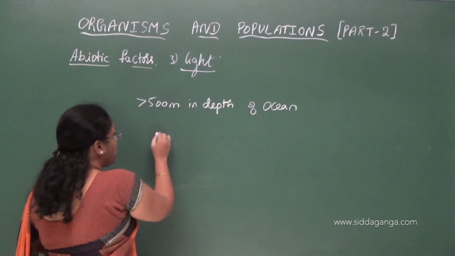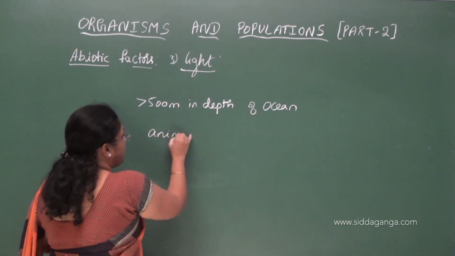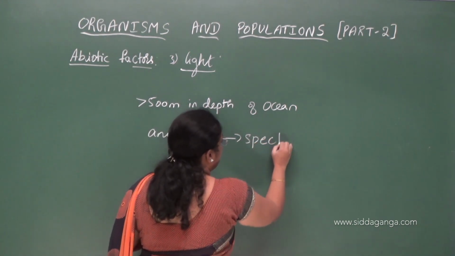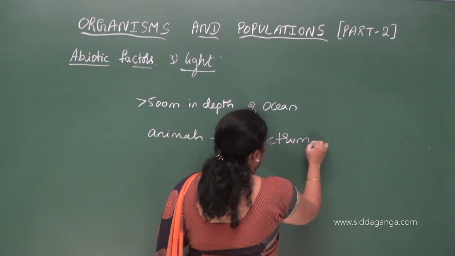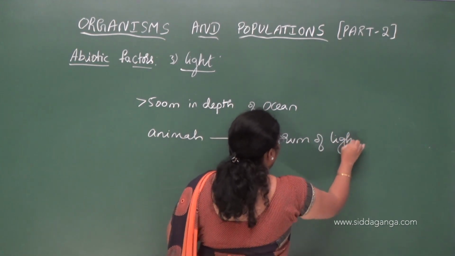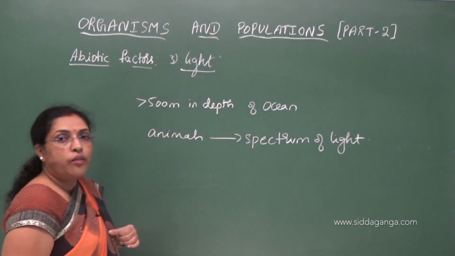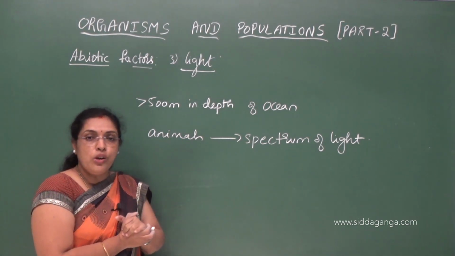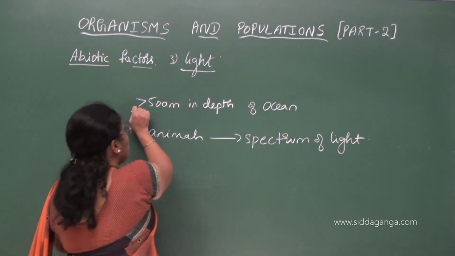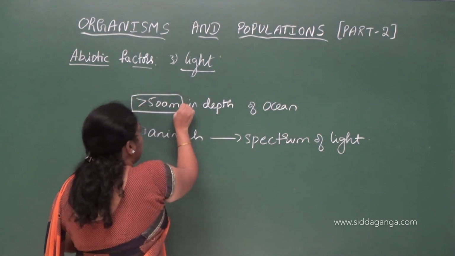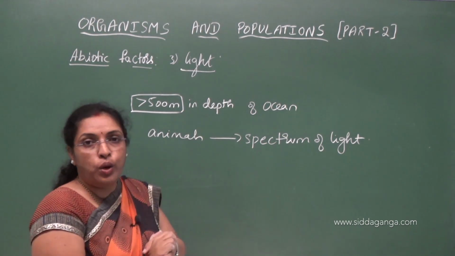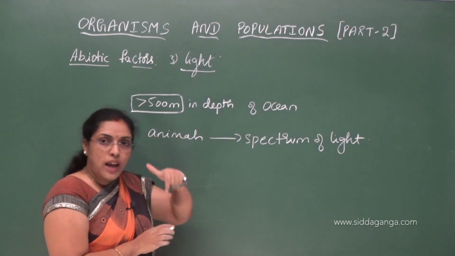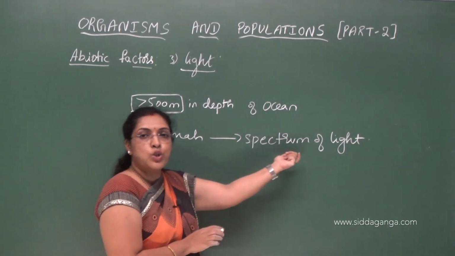The animals which live in that area utilize the spectrum of light for survival, and even plants utilize the spectrum of light for photosynthesis. So at the bottom of the ocean, the availability of sun is 0, but they utilize sunlight by the spectrum of light.